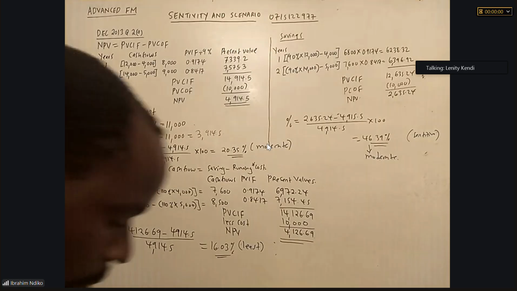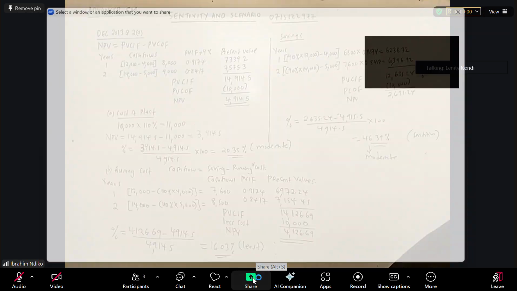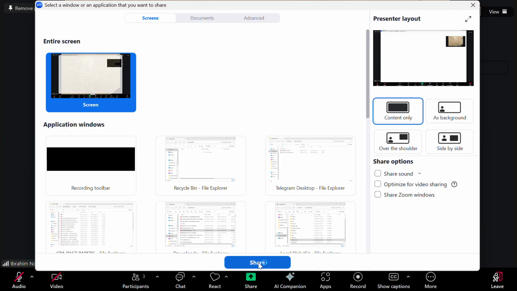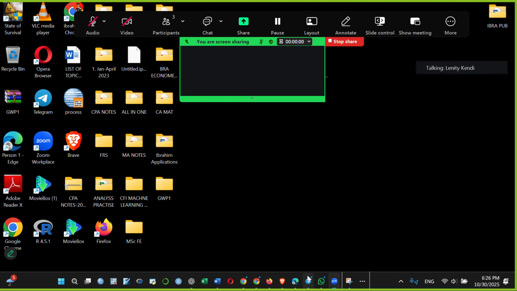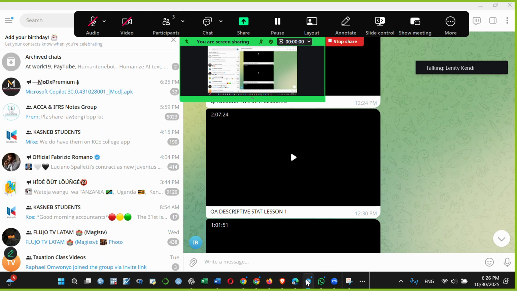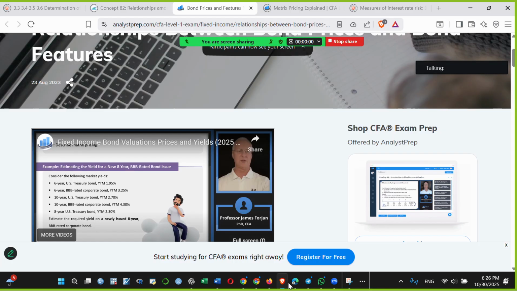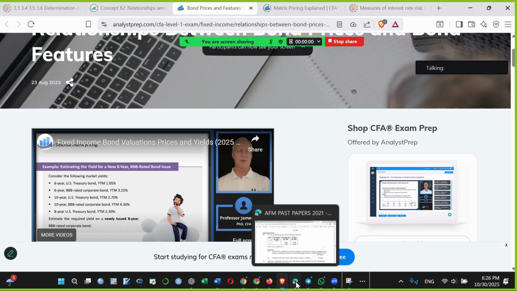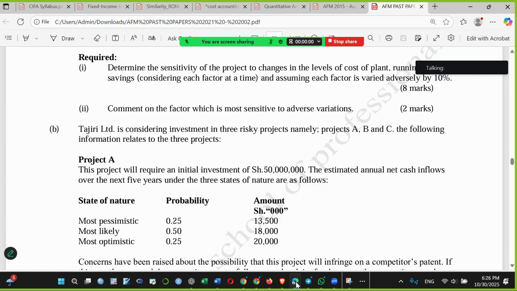I think we have done kitu kama ile ya best case ama hii ni scenario analysis. Yenye tulikuwa tumefanya best case na base na worst case. That one now it is scenario. Let me see.